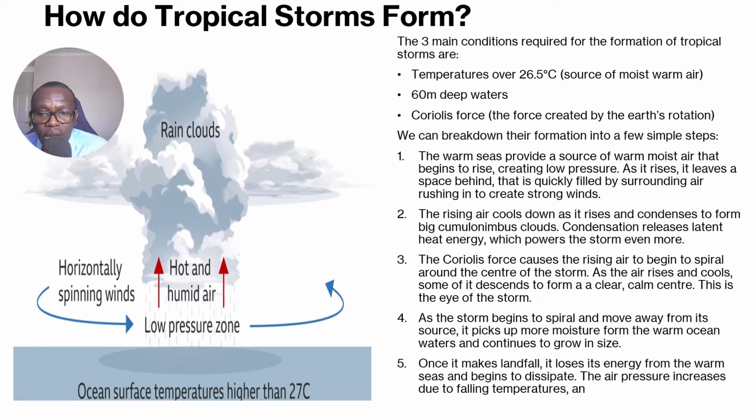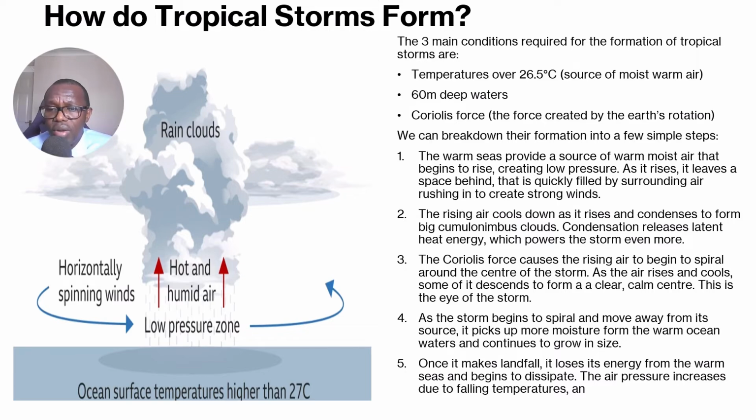We can break down the formation of these tropical storms into a couple of simple steps here. The first one is those warm seas that are providing the moist air that then begins to rise. As it rises, like we've seen before, it's going to create low pressure.